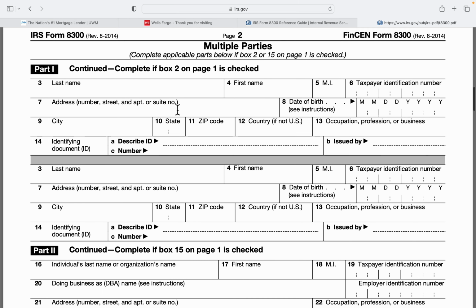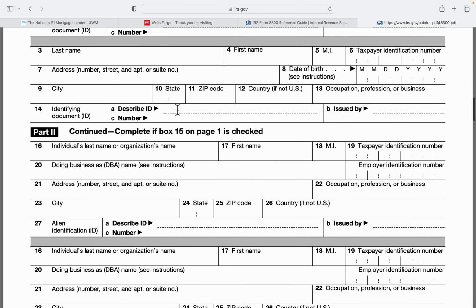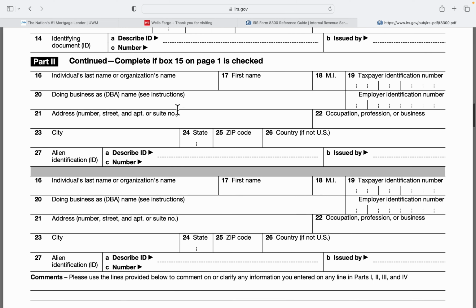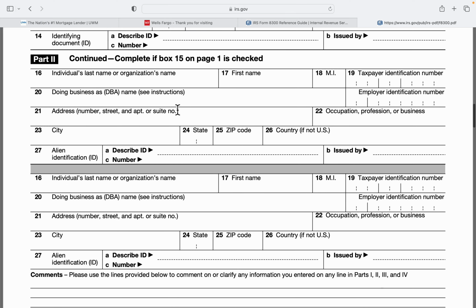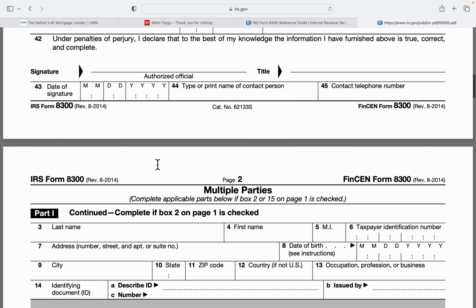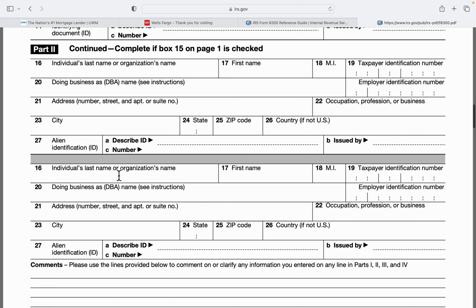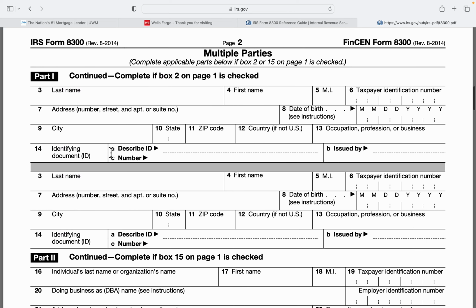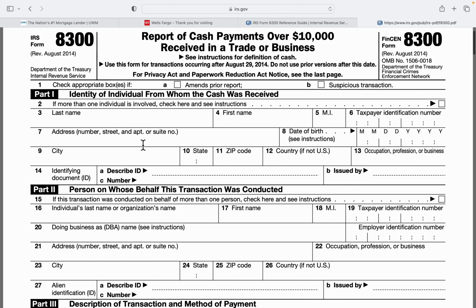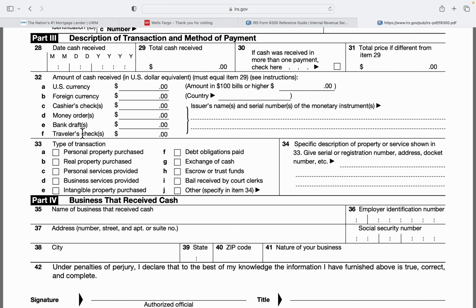On page two of this form is where you will list the different individuals. If more than one person was involved in the transaction, you will list that information on this page, and it's broken out if it was on behalf of someone in part two, or if it was another individual in part one. So it corresponds. Just to get that out of the way.